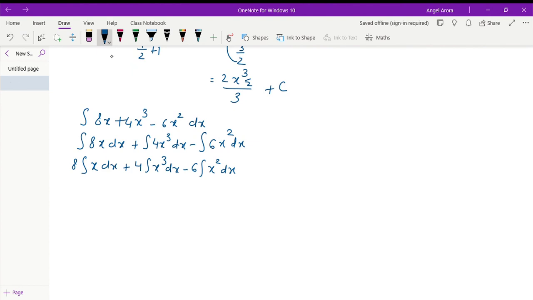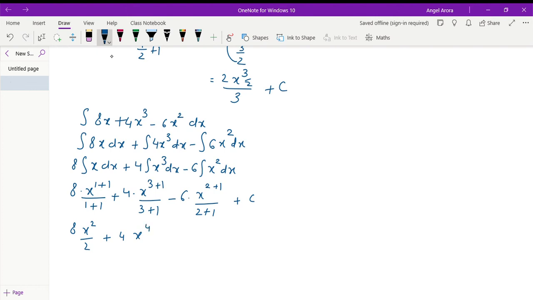So continuing, we get 8 into x^(1+1) upon 1+1, plus 4 into x^(3+1) upon 3+1, minus 6 into x^(2+1) upon 2+1 plus c. So it will be 8 x^2 upon 2 plus 4 x^4 upon 4 minus 6 x^3 upon 3 plus c.